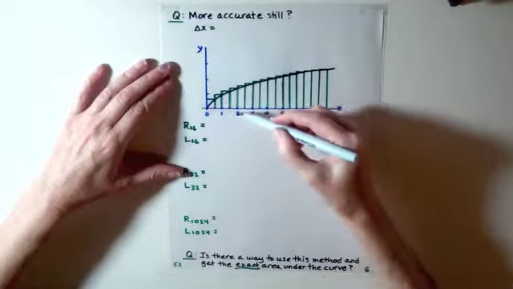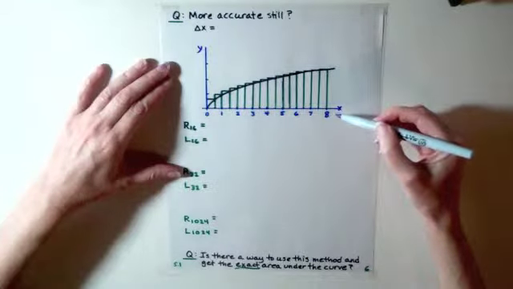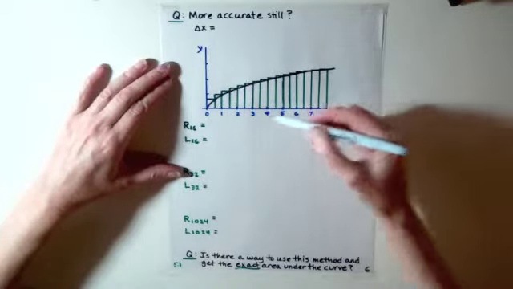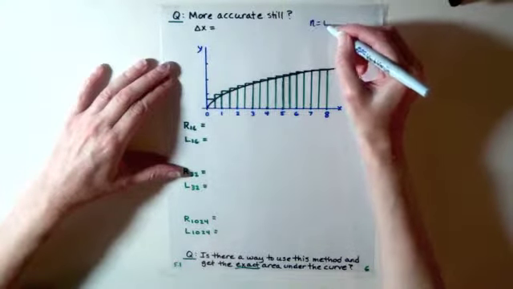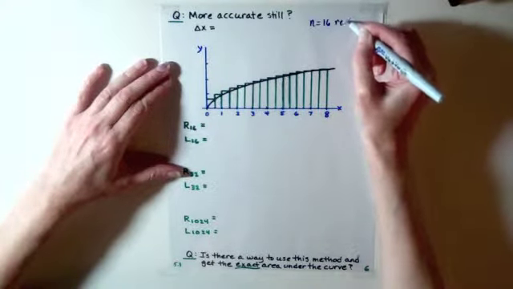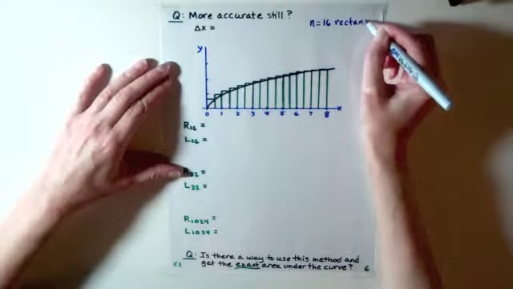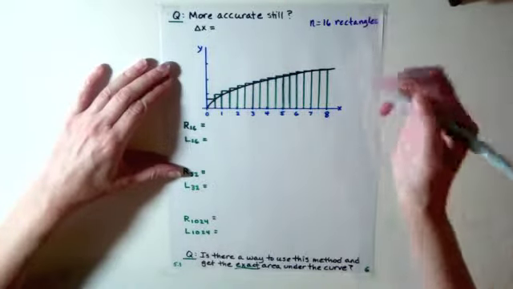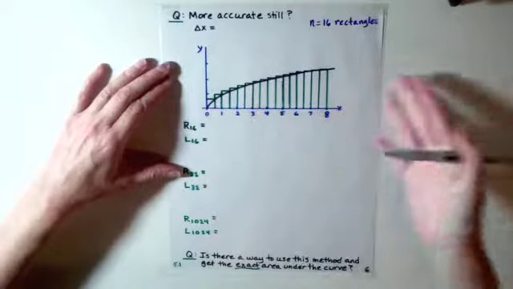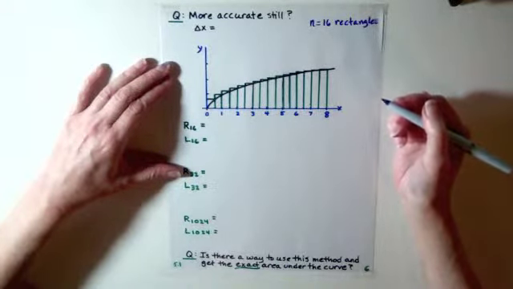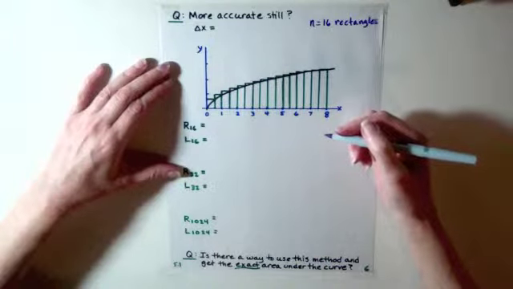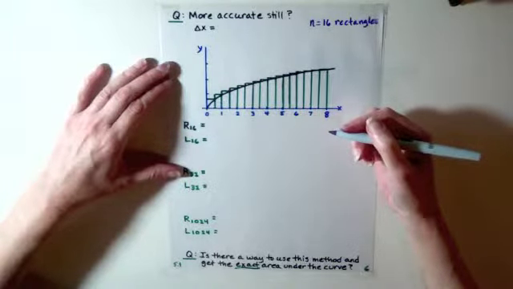I could increase again the number of rectangles. So in this picture, I've actually got my number of rectangles up to 16. So now I'm going to look at n equals 16 rectangles. And I don't necessarily have to just double it. I could make it 10 rectangles or something like that. That would still be better than 8 rectangles. But doubling things is a fairly easy thing to do computationally.